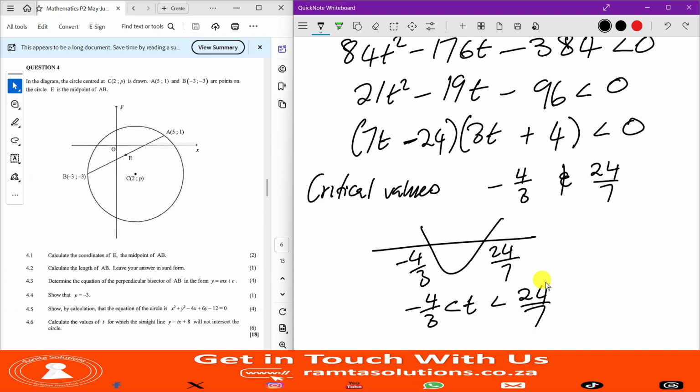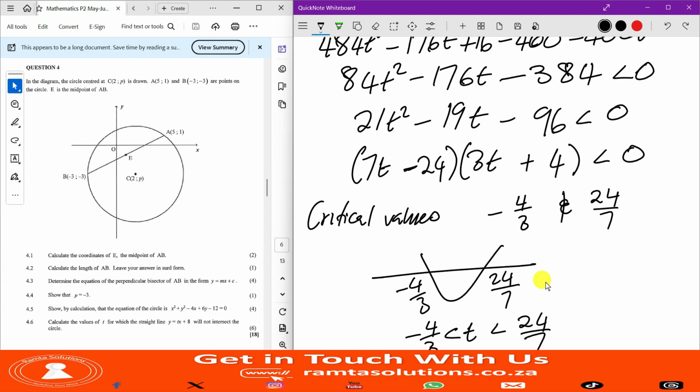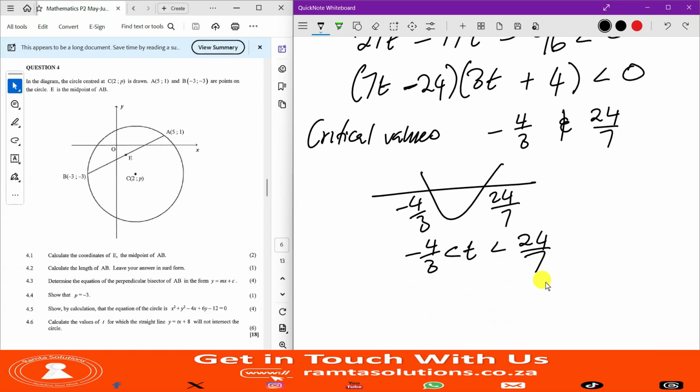All right? And these are the values where y equals tx plus 8 and the circle will not intersect.